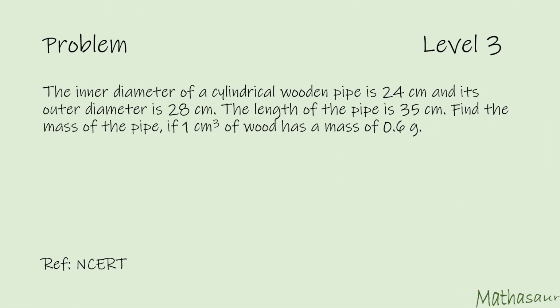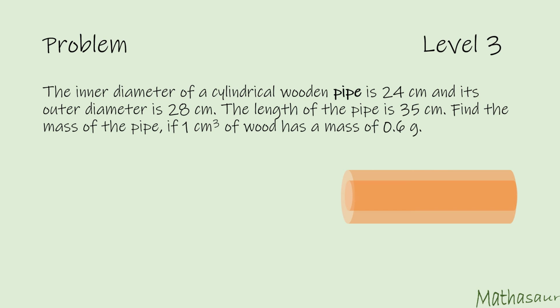Let us look at another problem. The inner diameter of a cylindrical wooden pipe is 24 centimeters and its outer diameter is 28 centimeters. The length of the pipe is 35 centimeters. Find the mass of the pipe if 1 cubic centimeter of wood has a mass of 0.6 grams. So, we have an outer cylinder and an inner cylinder.